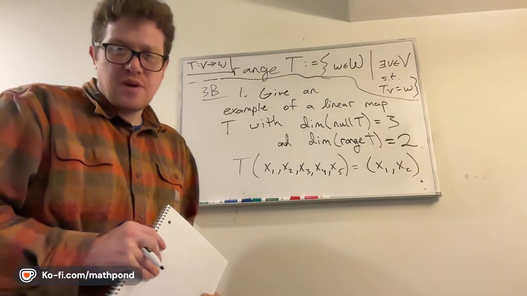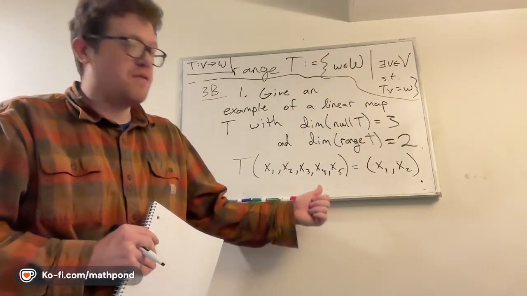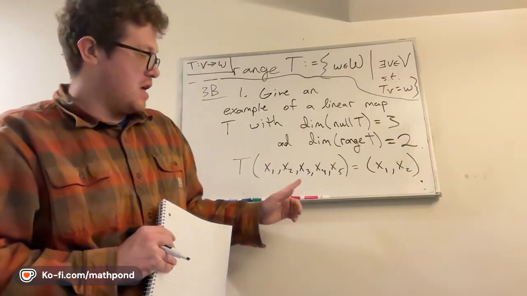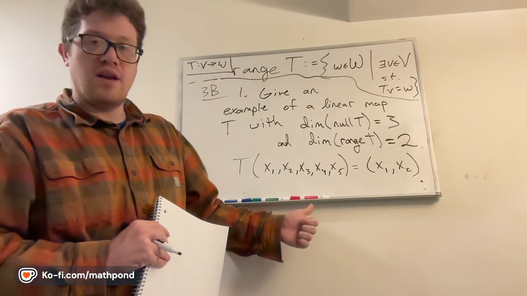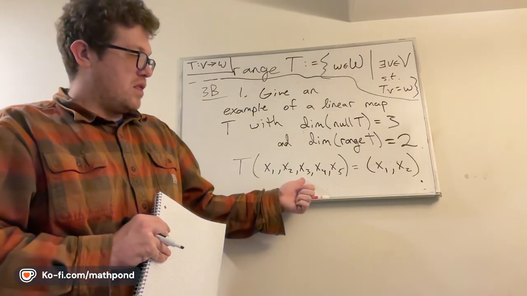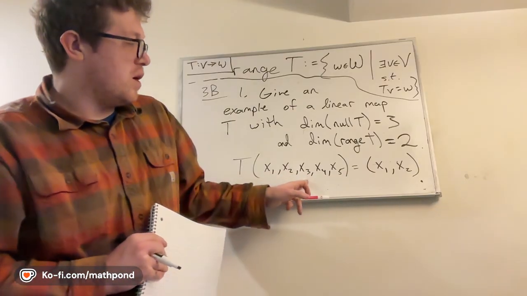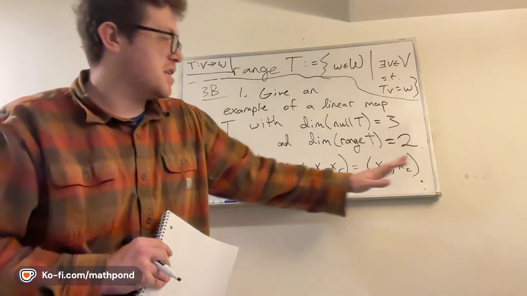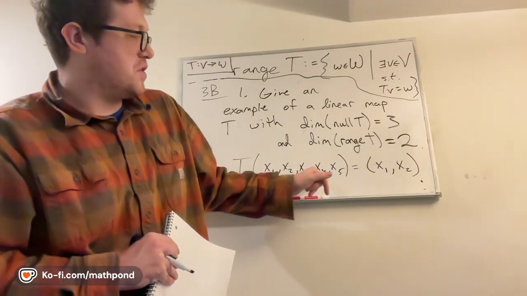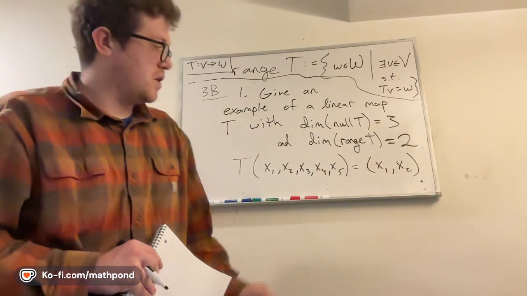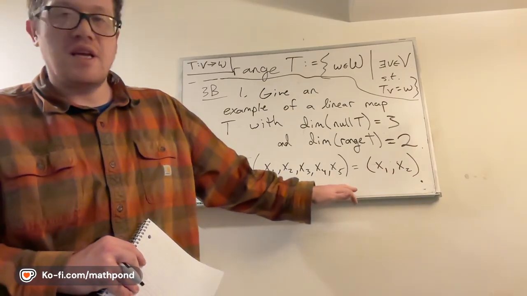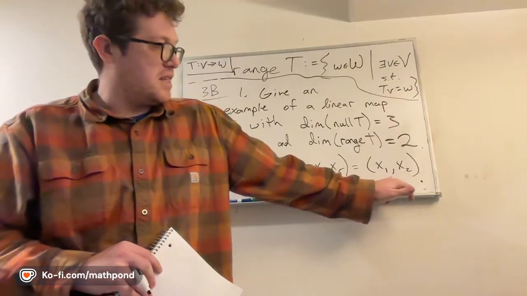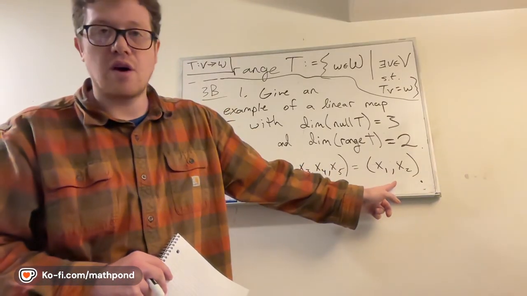So we can think of e3, e4, e5, the third, fourth, and fifth standard basis vectors, the ones that only have a 1 in that position. (0, 0, 1, 0, 0) gets sent to 0. (0, 0, 0, 1, 0) gets sent to 0. And (0, 0, 0, 0, 1) also gets sent to 0. So e3, e4, and e5 get sent to 0, and e1 and e2 just get sent to themselves, but in the codomain.